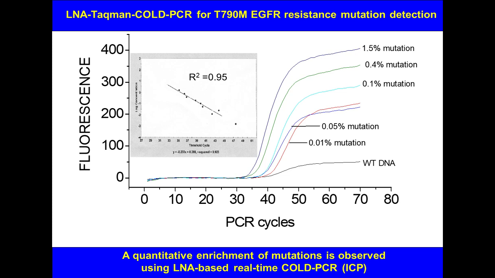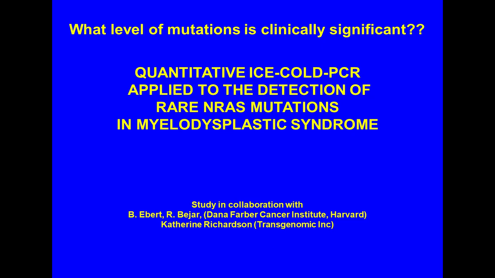But at the same time that you get a reasonably good straight line, considering the enrichment effect. So the take-home message is that if you restrict it to a given mutation, you can apply quantitative ice-cold-PCR. And this is what we did in this study.